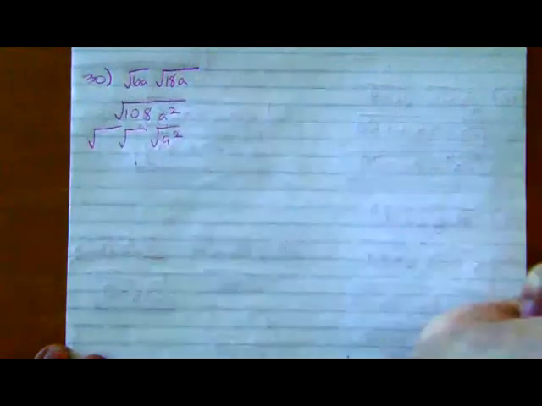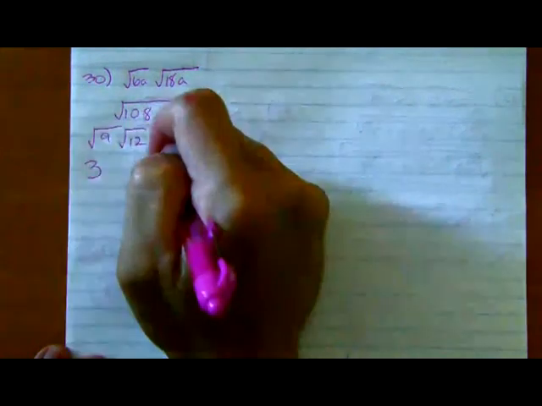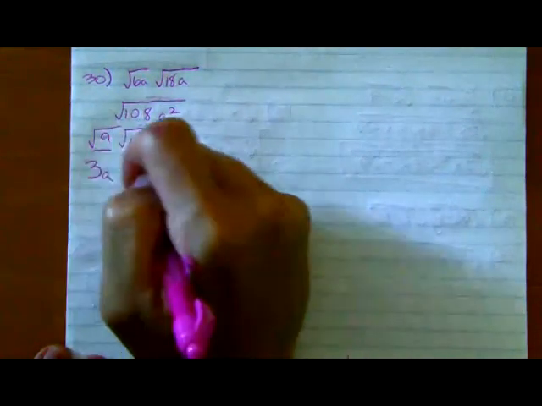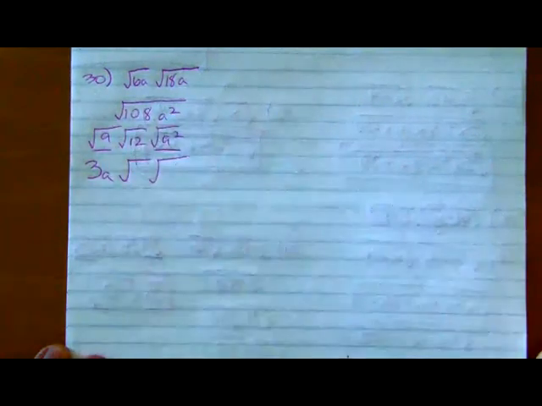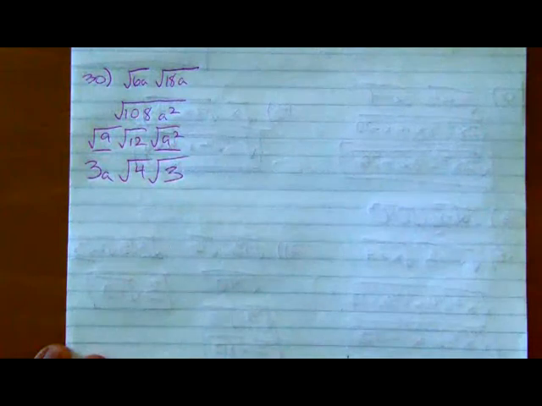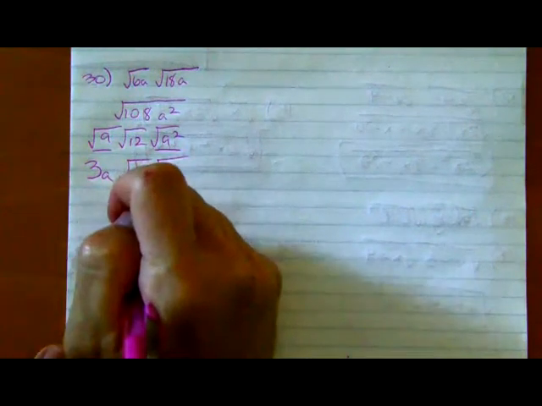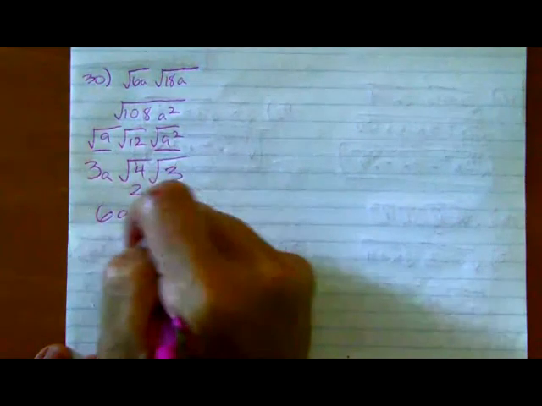Square root of a squared, I'm going to factor the 108. 9 and 12. Square root of 9 is 3. Square root of a squared is a. The 12, I can go further. I can split that into 4 and 3. I can square root the 4. That's 2. 2 times 3 is 6a radical 3.